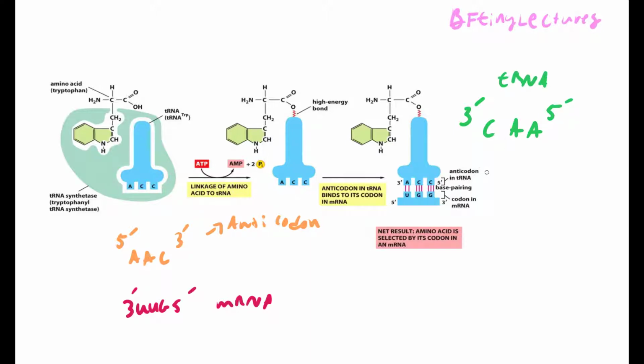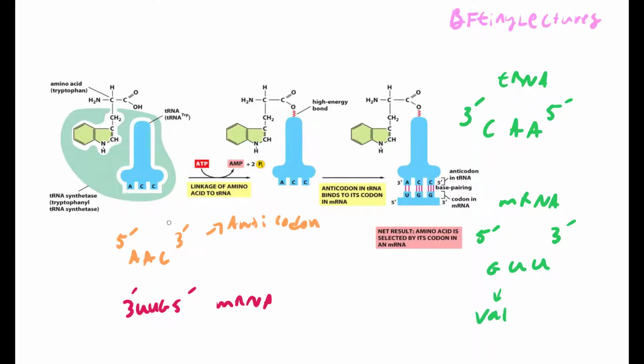Now, if I wanted to code for this, I would have the complementary strand of mRNA. So the mRNA would go in the 5' to the 3'. And this is going to be mRNA, and we would have G, U, U. And so that would be the correct answer. And by the way, this would actually code for the amino acid valine.